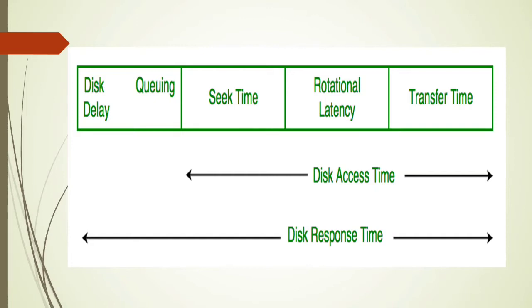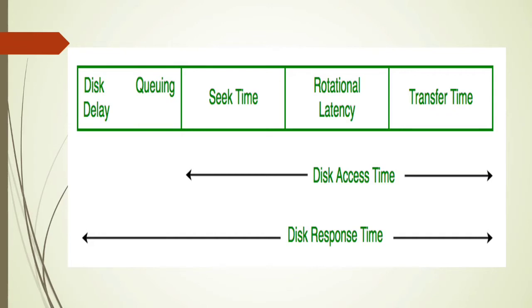Next is disk response time. According to the user's multiple input-output requests, each request will be in a queue according to the waiting time. So the time taken for the disk to respond to the next request of a particular user will sometimes have a bit of delay because of multiple input-output requests.